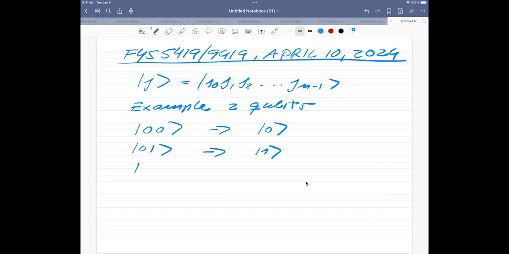And similarly, we have the state 1, 0, which we label by 2. So this is just a hierarchy which we chose, but you see immediately how it comes through, because what we are using is a compact bit representation of the states. So the final state is something which we label as state 3.